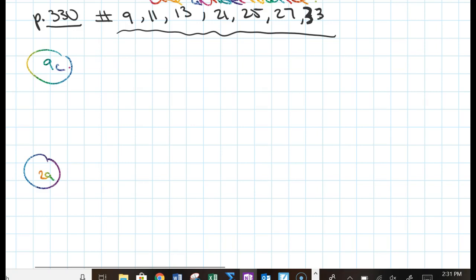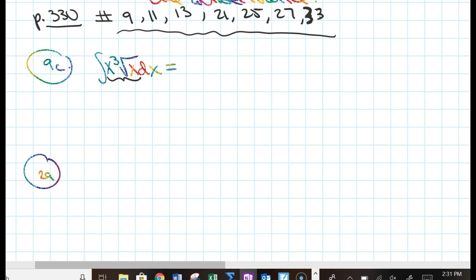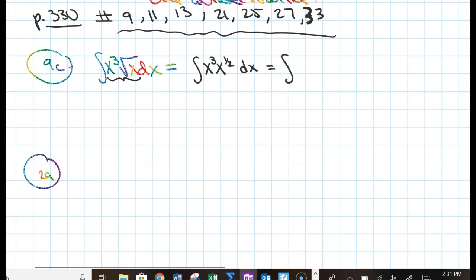Okay. All right. 9C is the indefinite integral of x cubed times the square root of x dx. Wow, what does that equal? Well, let's see. The first thing I'm going to do is look at the integrand right here and recognize that that is not the output of any derivative rule that I know. But then I'm going to recognize that I can rewrite the integrand as this, and then I can simplify and get to this point.